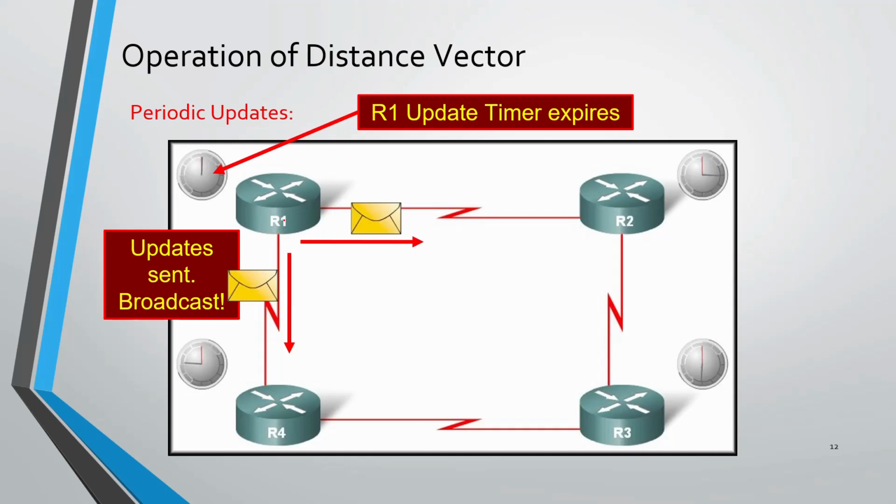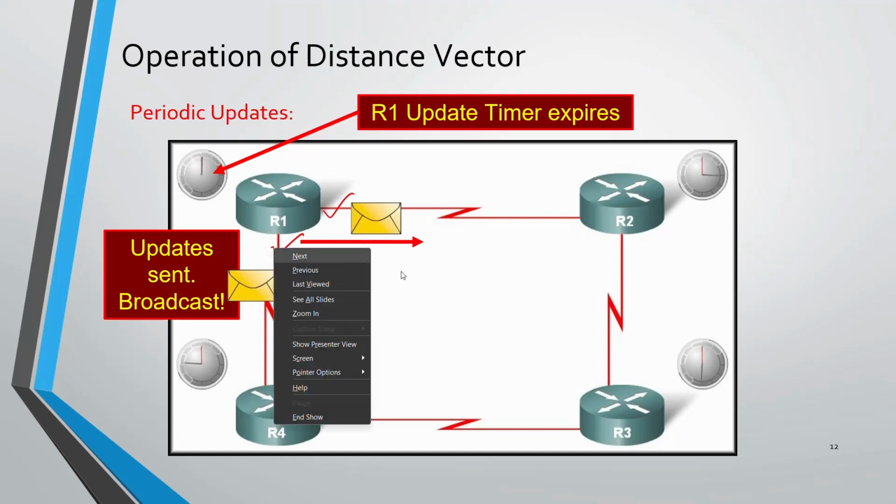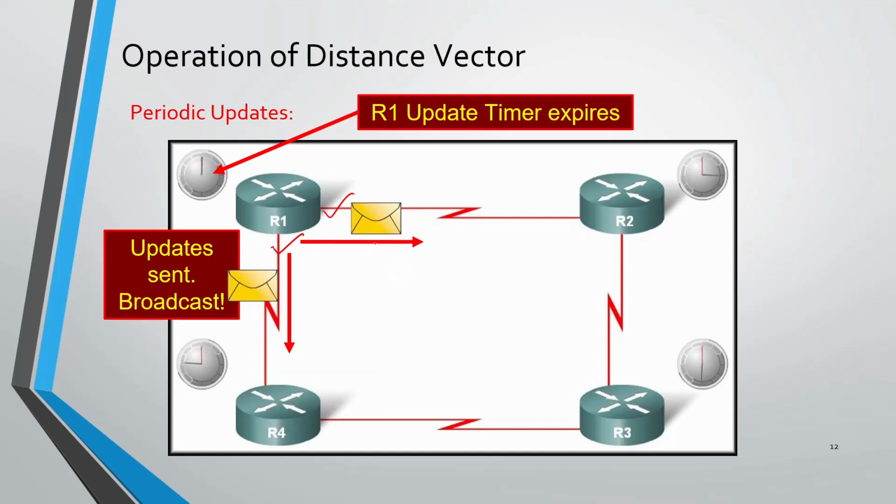At the very beginning, it has no other information, only the information of its directly connected interfaces. This is the information which is used at the very beginning. So this information will be shared with routers R2 and R4 only. Router R3 is not going to get this information because R3 is not connected with R1. So that's very important. Okay.